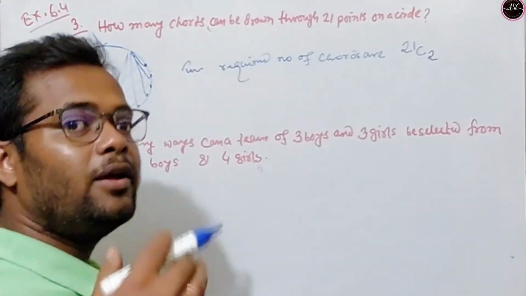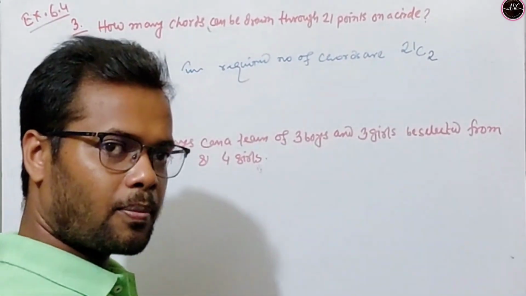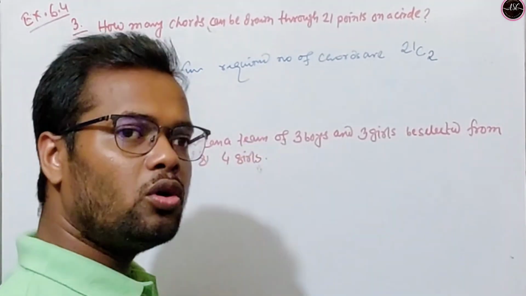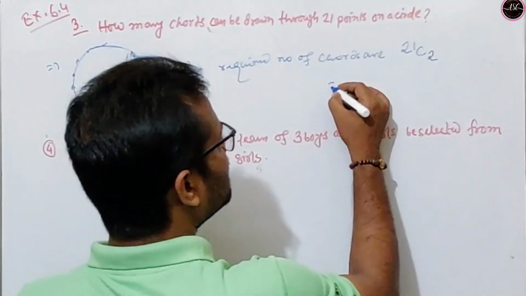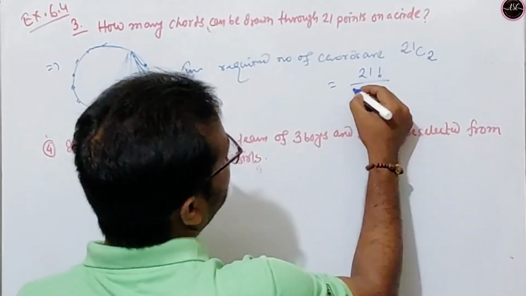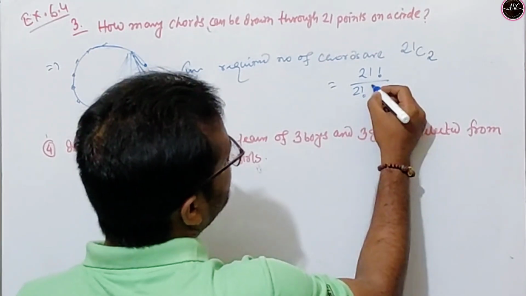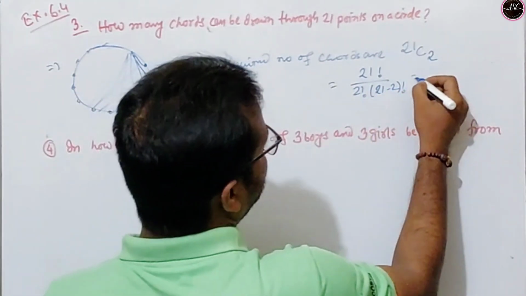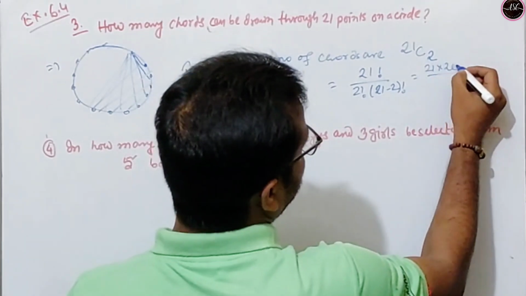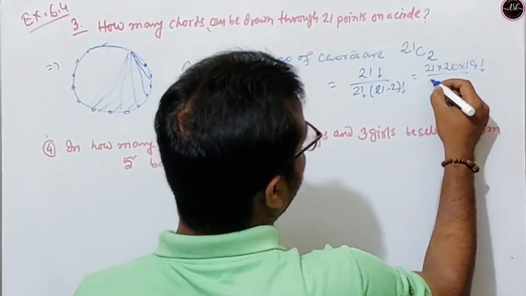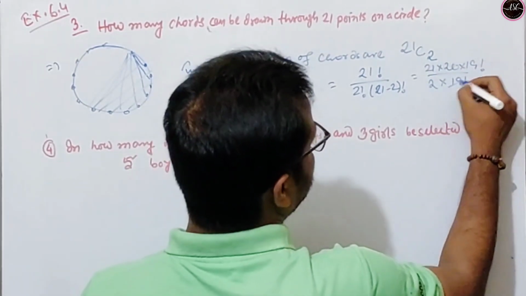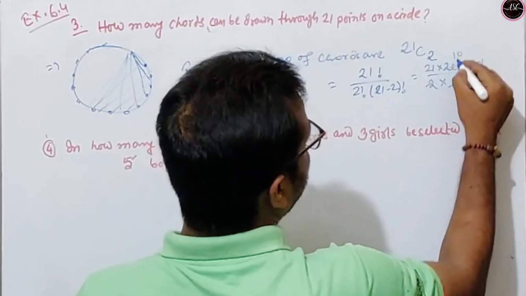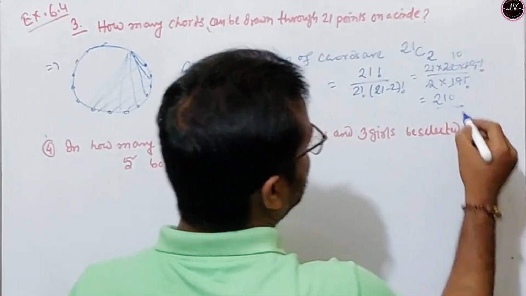So 21 points taken 2 at a time. Just simplify this. 21 factorial divided by 2 factorial into (21 minus 2) factorial. That means 21 into 20 into 19 factorial divided by 2 into 19 factorial. Just cancel out these two. We get 210 will be the answer.